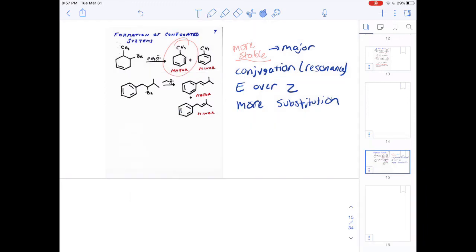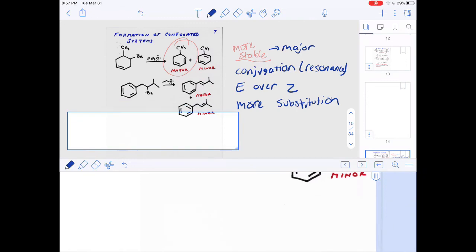Okay, so in your second example, he's showing you the same thing. Even though this one is more substituted, because this is conjugated, this one's actually preferred over this one. So that's a really important point to make that I actually forgot to mention.